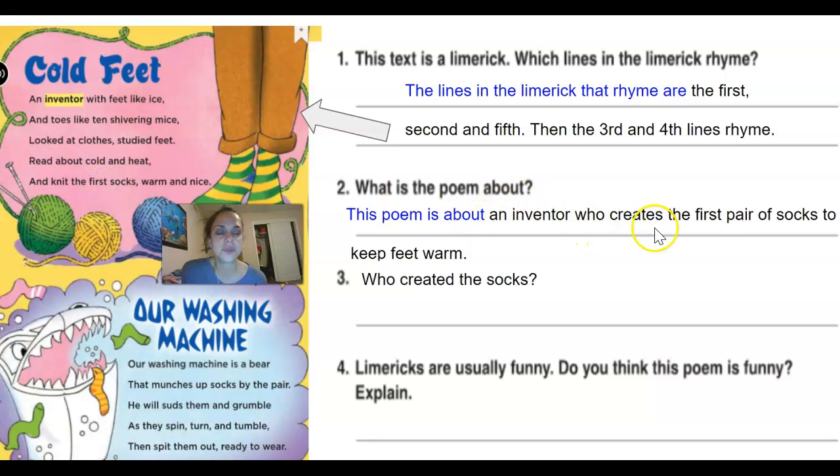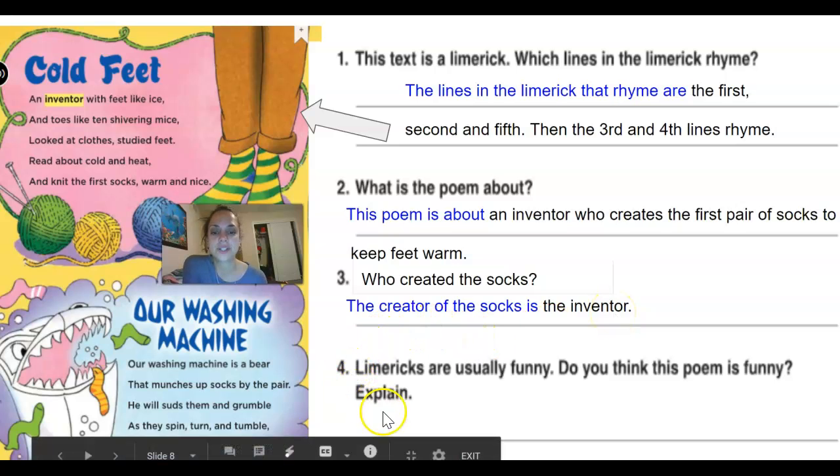An inventor who creates the first pair of socks to keep feet warm. That's really funny. Who created the socks? Again, cross your question word off so that you can restate this question. The creator of the socks is the inventor.